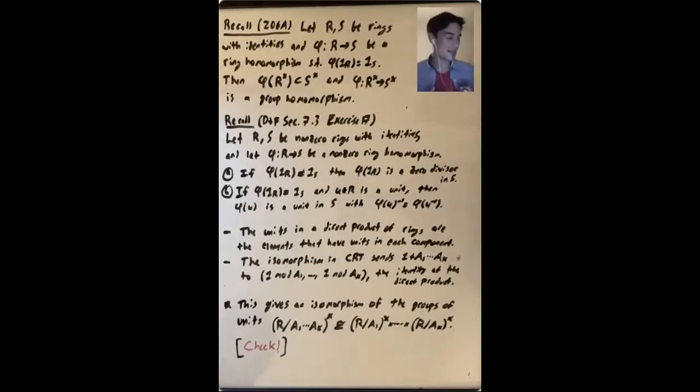And what Dummit and Foote say is that this isomorphism then gives an isomorphism of the group of units: R mod the product, units, is isomorphic as a group to R mod A1 units cross, and so on, cross R mod AK units. This is true, but I don't think it's clear that this is true given what Dummit and Foote have already said, right? That if you have an isomorphism of rings that sends the identity of the first ring to the identity of the second ring, then it induces an isomorphism of the groups of units of these two rings.